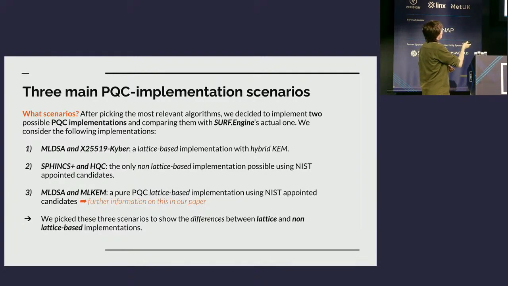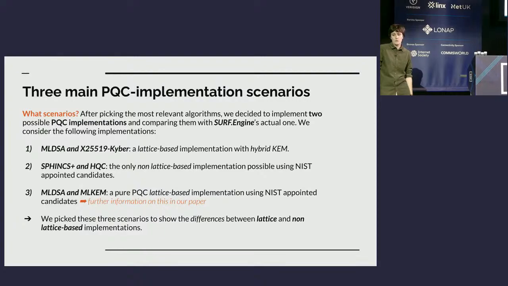So we wanted a lattice-based implementation because their performance is very nice. They are also better than the ones that we are currently using. But every now and then, some paper pops out that says, hey, it's not as safe as we thought. So people are still a bit wary, but lattices are a choice. Then SPHINCS+ and HQC are the only non-lattice-based implementations that are possible if we use NIST candidates.